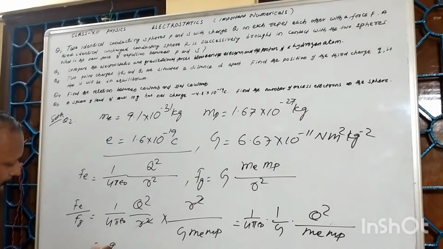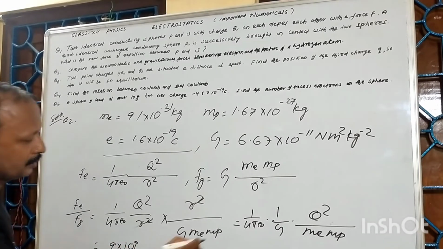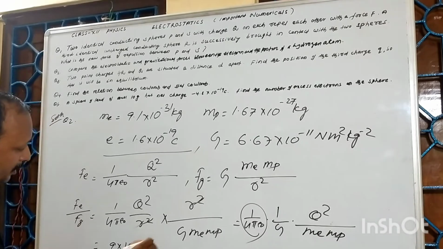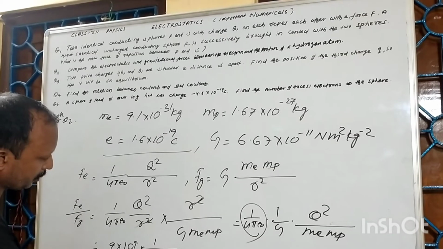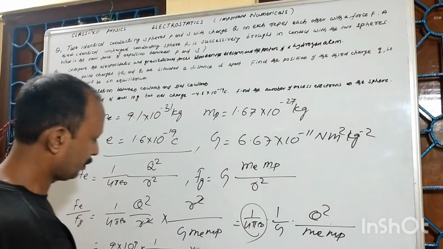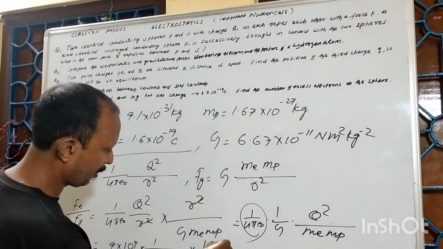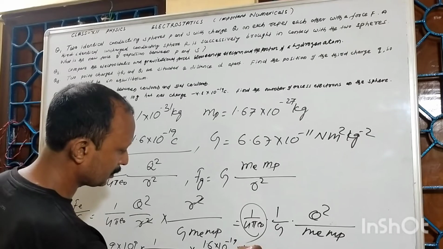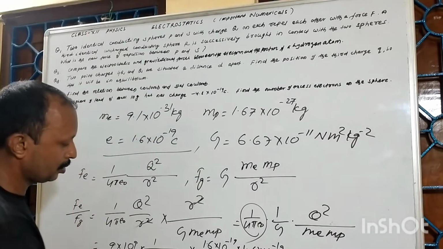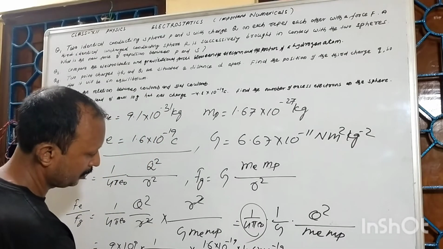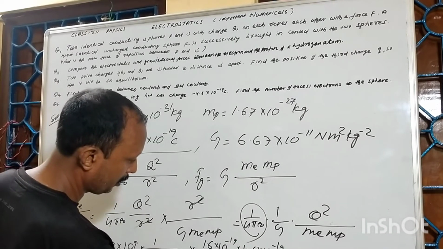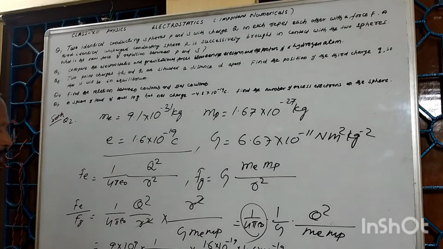So this is equal to 9 into 10 to the power 9, the value of 1 by 4 pi epsilon naught, into 1 by G, which means 1 by 6.67 into 10 to the power minus 11, into q square, that means 1.6 into 10 to the power minus 19 into 1.6 into 10 to the power minus 19, divided by mass of electron 9.1 into 10 to the power minus 31 into mass of proton 1.67 into 10 to the power minus 27.